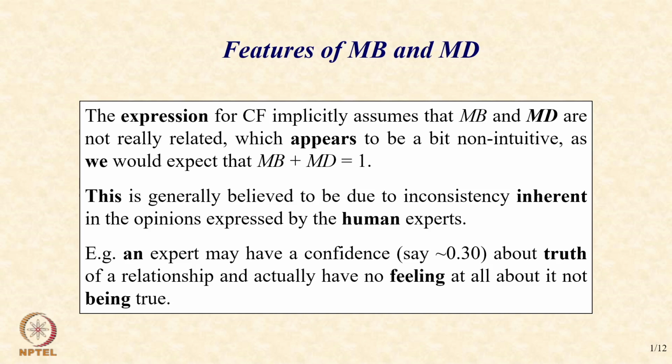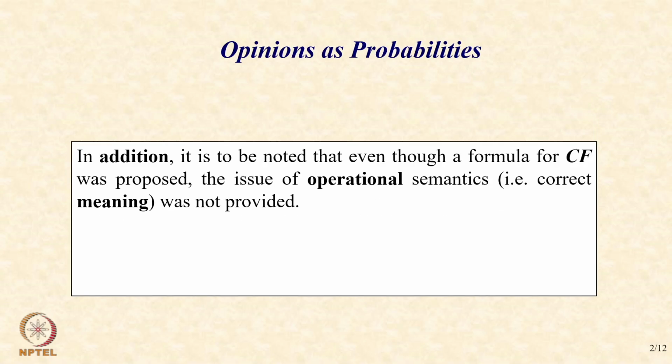But unfortunately, in an uncertain world, it does not hold water. And we have to accept this inconsistency, that you may have a belief in a hypothesis being true, but you may not necessarily have the complementary disbelief in the hypothesis not being true.